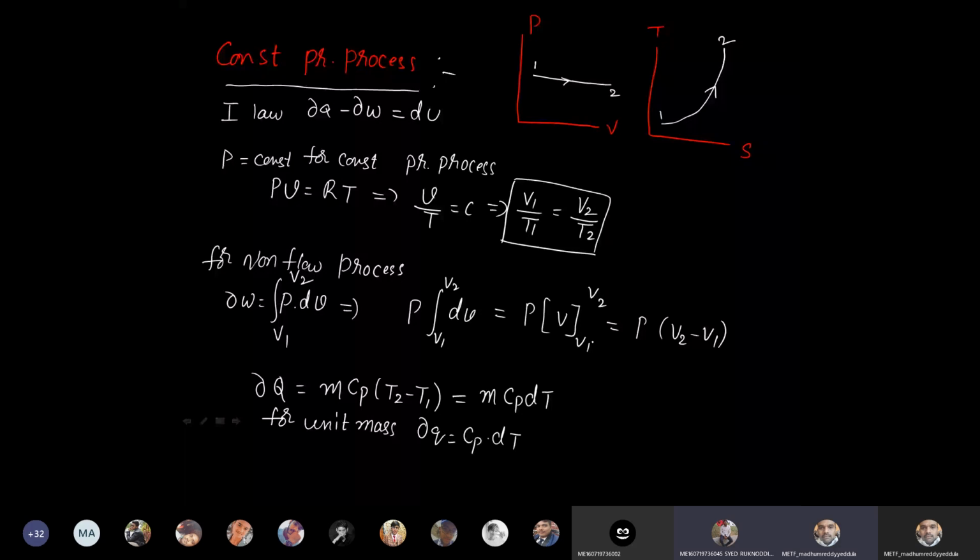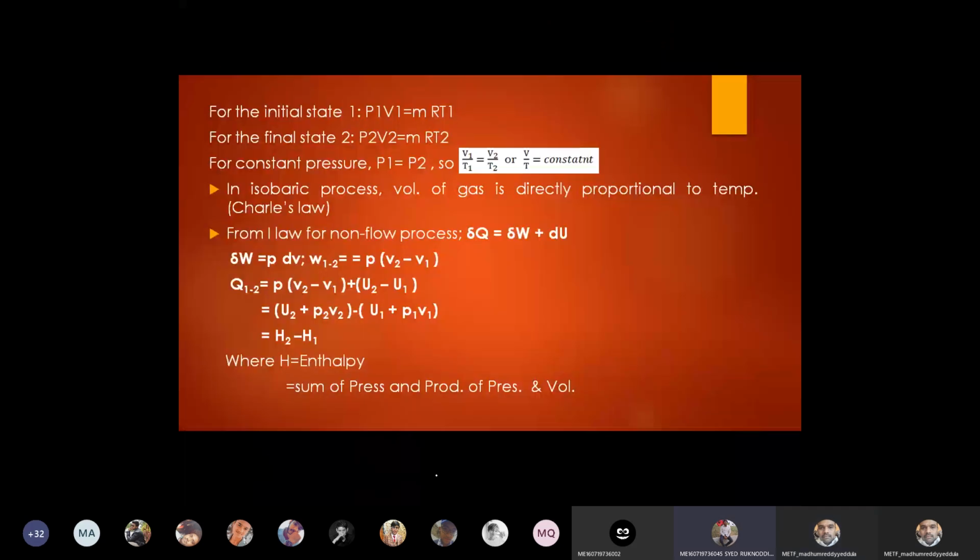Now, we calculated work done, that is P into V2 minus V1. Substitute this value in the first law. So what will you get? Dou Q minus dou W, that is P into V2 minus V1, is equal to dU. Sir, dou Q value is also there, no, sir?